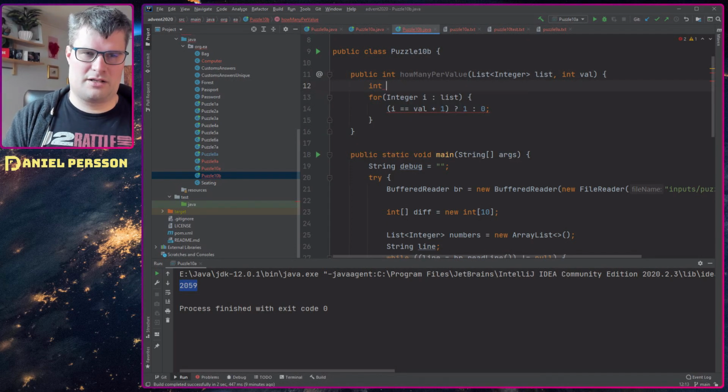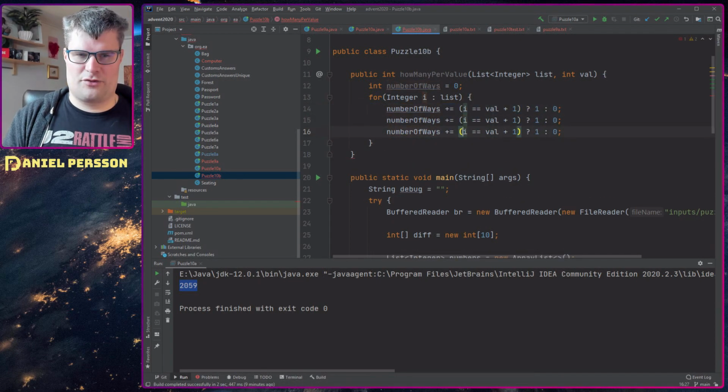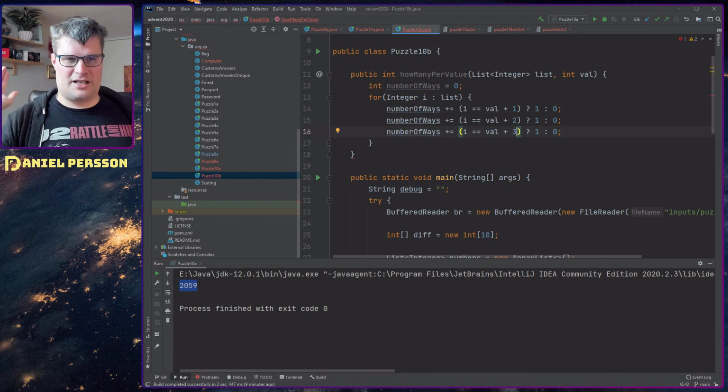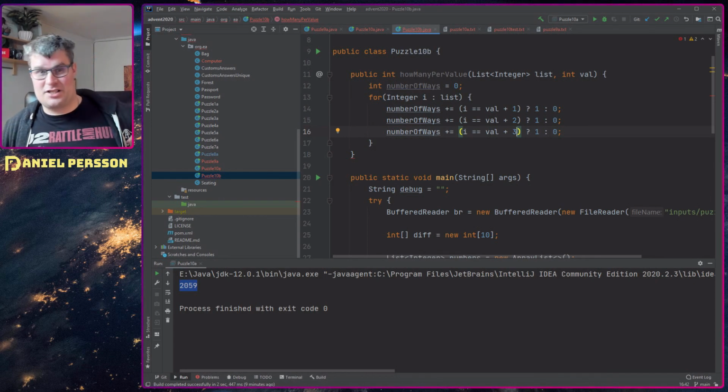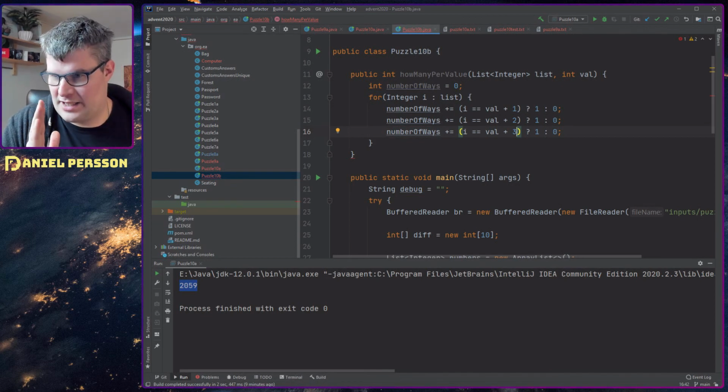So int number of ways 0. So here we will have number of ways and increment that by that. And we do that for the 3 different ways it can be. So we go through the full list, which is not required, but we do that.